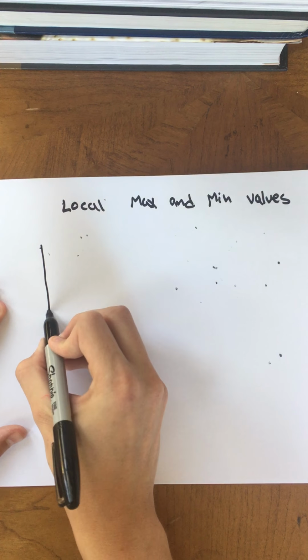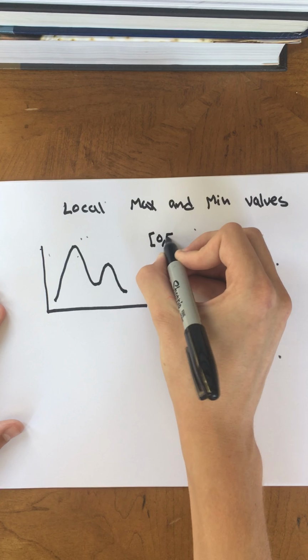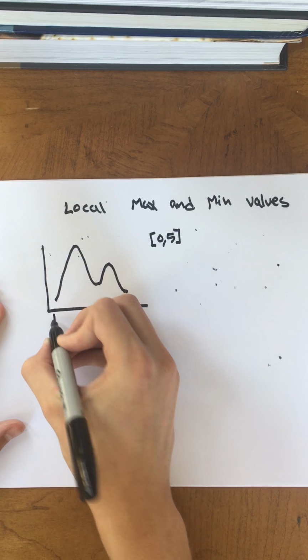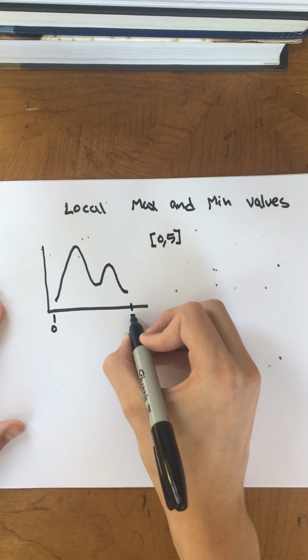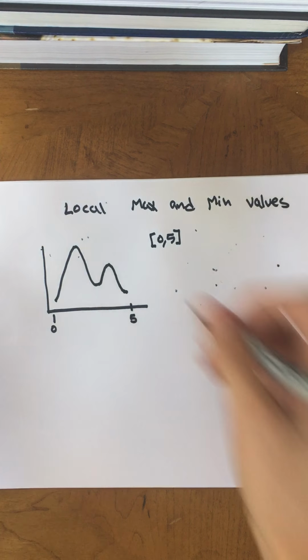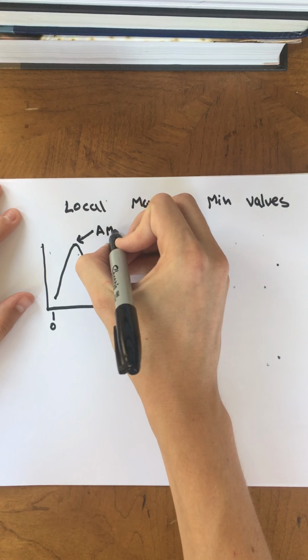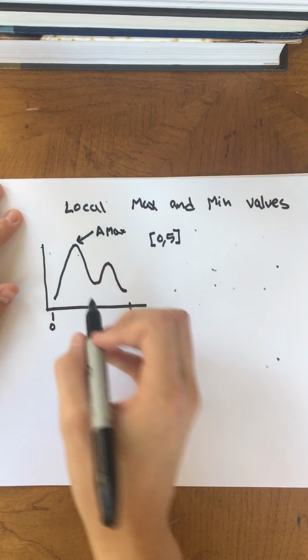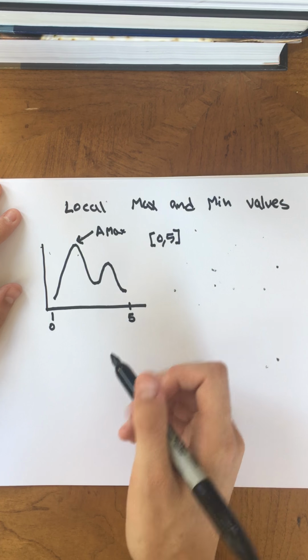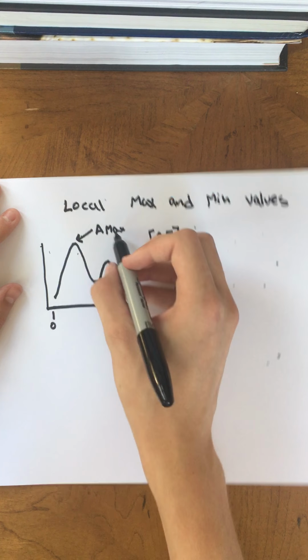All right, so it's on an interval from 0 to 5. So this is going to be 0 and this is going to be 5. Okay, so here is going to be our absolute maximum value, because on this interval of the graph, this is our highest point of the graph.